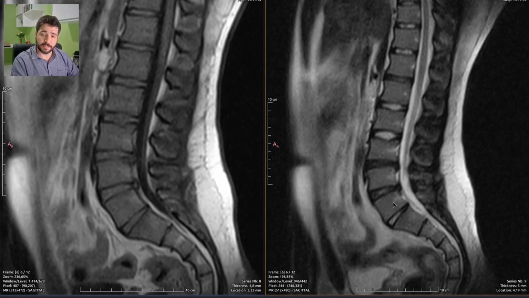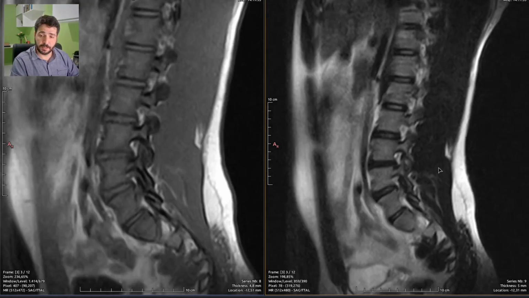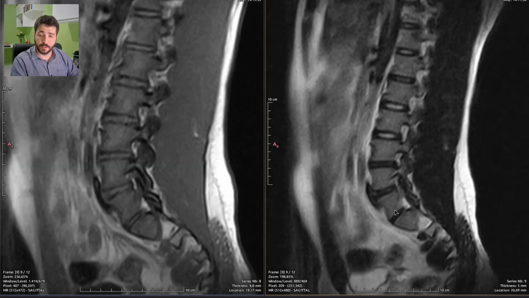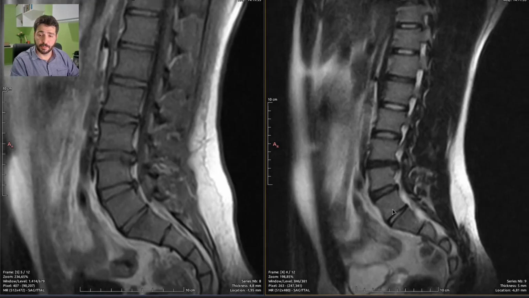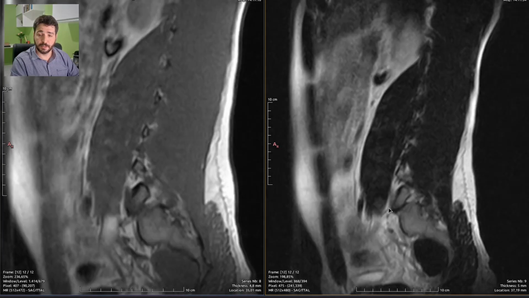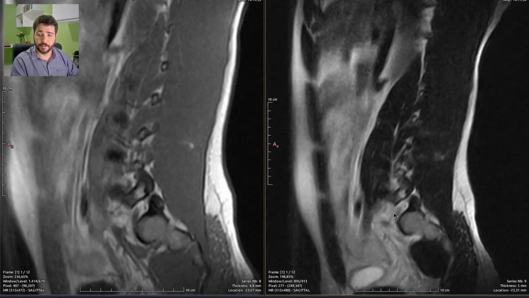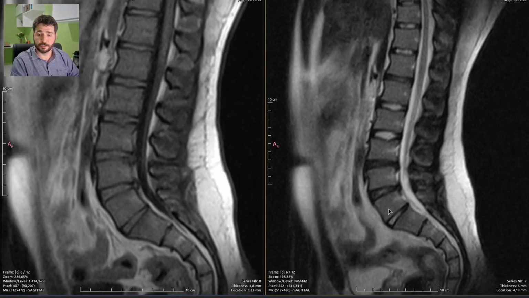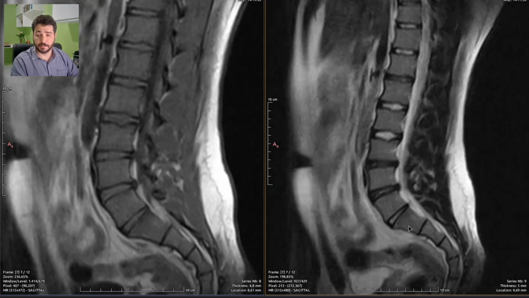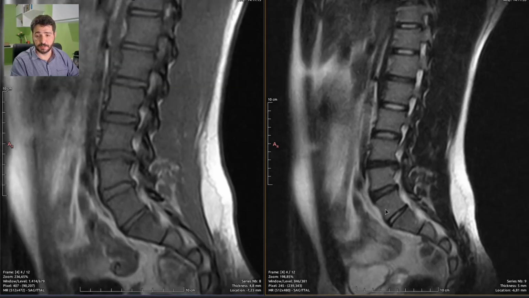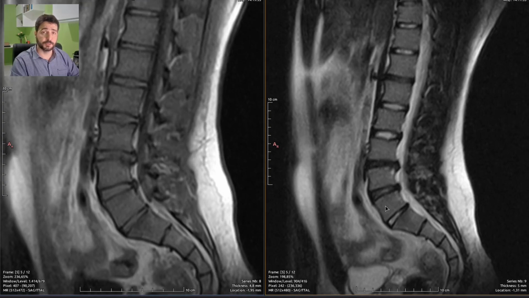So this is S1, and S1 is a morphologically transitional vertebra. It's almost a lumbar spine and not so much a sacral spine component. So this is a transitional vertebra, which we will call S1.